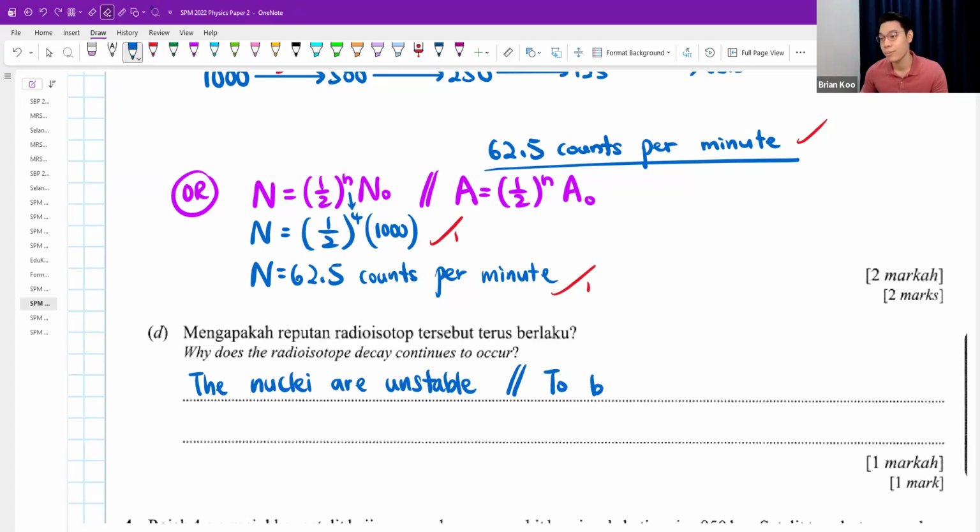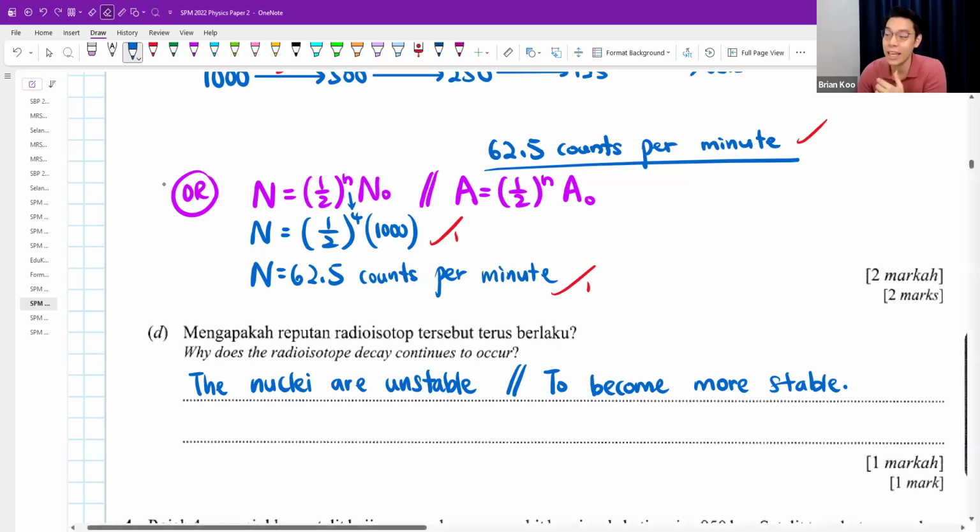You can say to become more stable. Nobody likes to be in a state where it's always unstable. We always would try to find a way to be stable. And in this case, by decaying, meaning we emit some alpha or beta or gamma. And when we emit all these things, we will slowly become more stable.